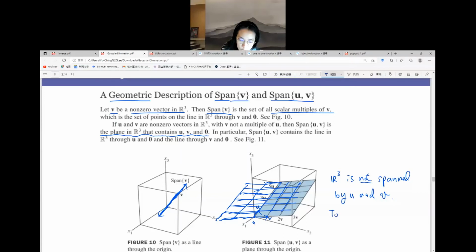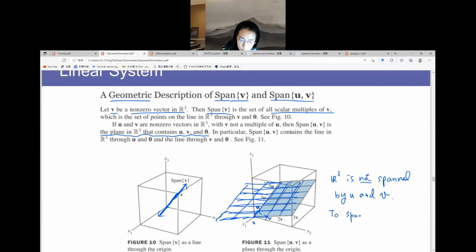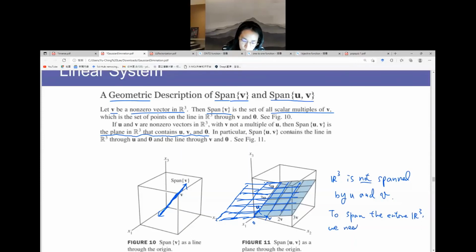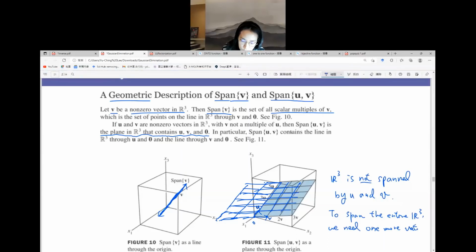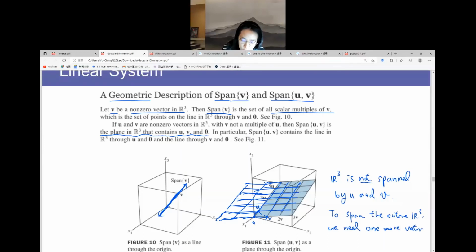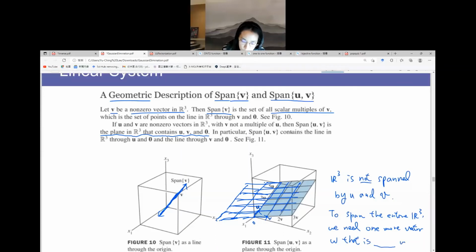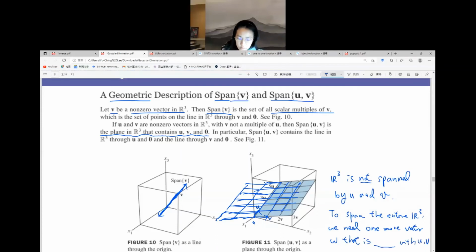Then how do we span the entire R3? To span the entire R3, we need one more vector, u, v, w. We need one more vector that is something with u and v.